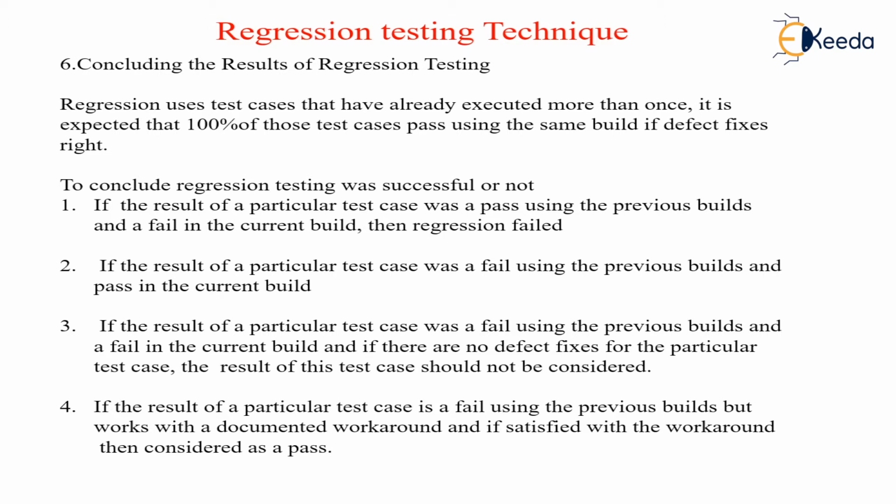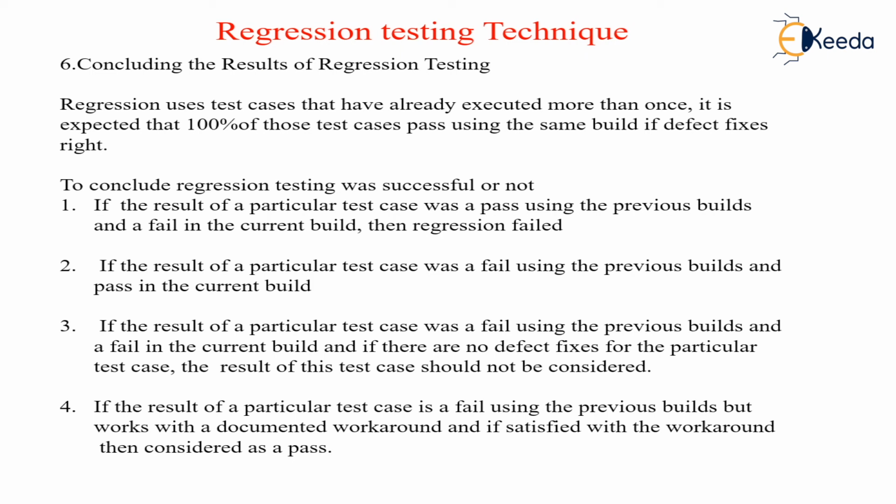Now last is concluding the result of the test integration. So we have to conclude that the regression test uses the test cases which have been executed more than once. So it is expected to have 100% of test cases pass.